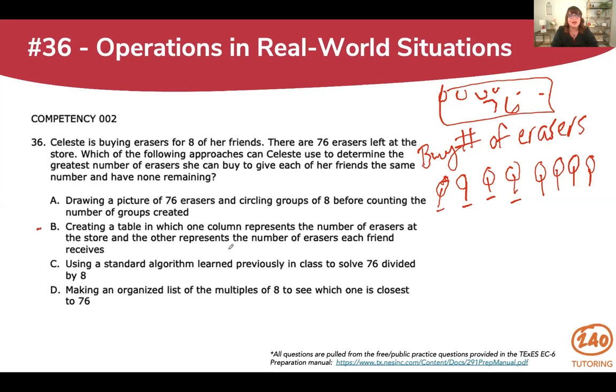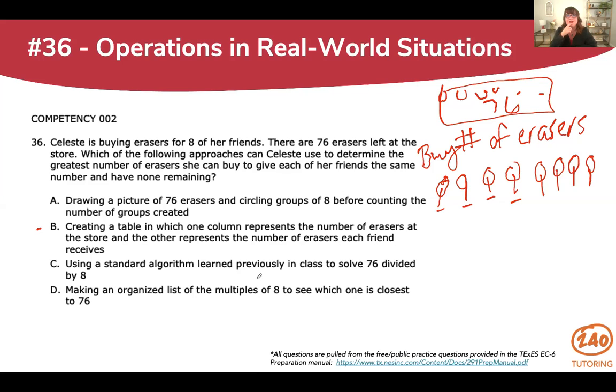Using a standard algorithm learned previously in class to solve 76 divided by 8. And some of you are thinking, well, that's exactly how you do this. You divide 76 by 8. All right, so you're thinking, maybe. Making an organized list of multiples of 8 to see which one is the closest to 76. Now, when I would work with students, they'd look at me and go, you can do all of these. All of these are correct. Common mistake.